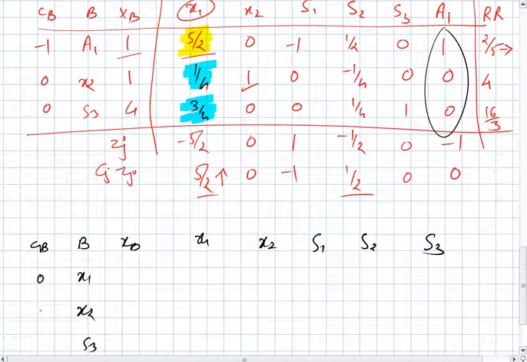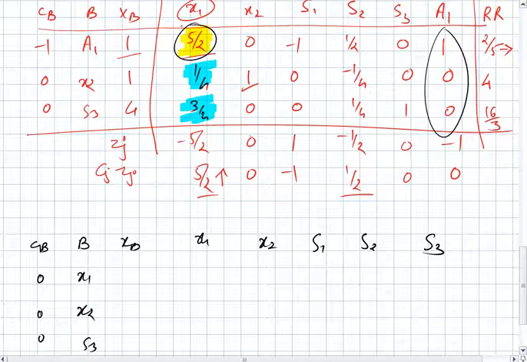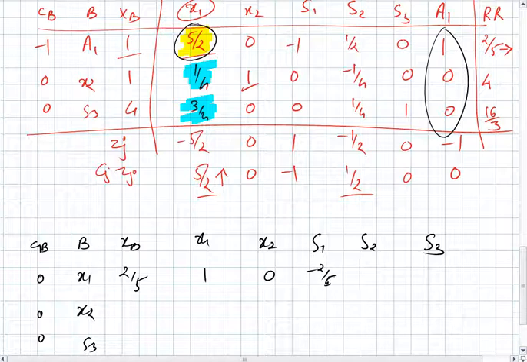Their coefficients are 0, 0, 0. Now to make this entry 1, we have to divide everything by 5 by 2. So here values are 2 by 5. Here it is 1, here it is 0, here it is minus 2 by 5. Here it is 1 by 5, and here it is 0.